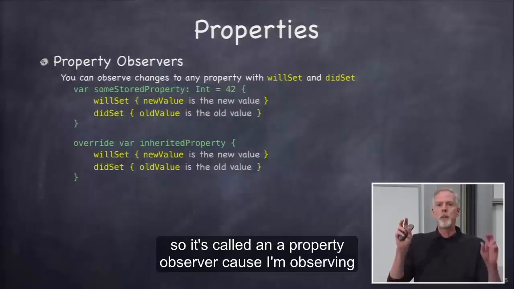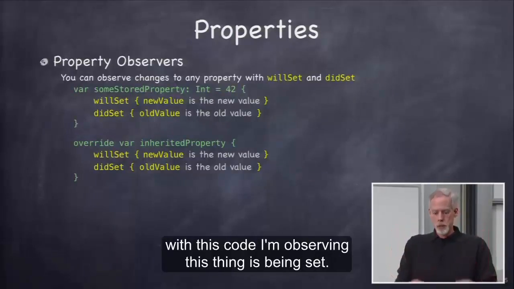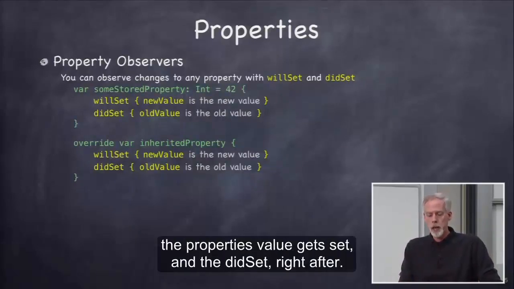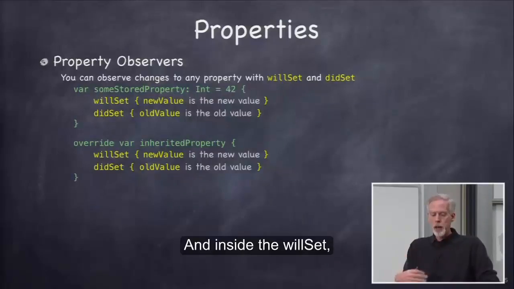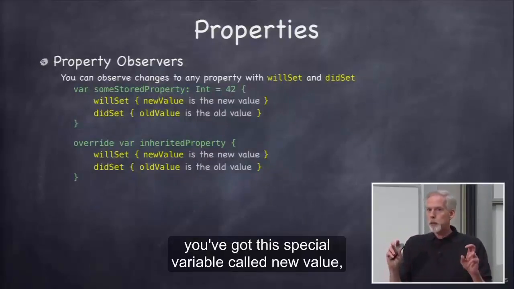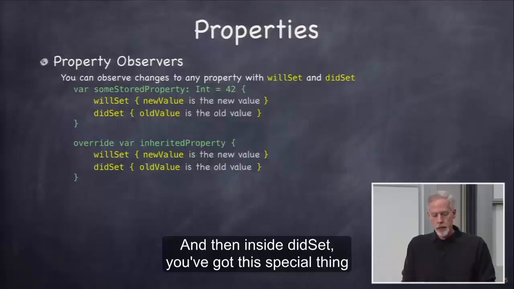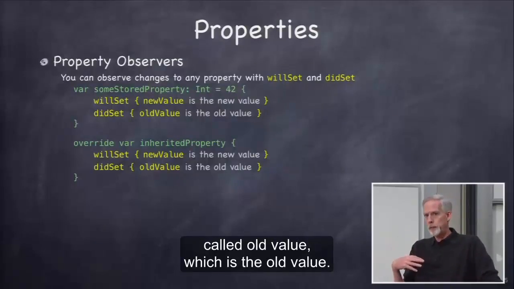It's called a property observer because with this code I'm observing that this thing is being set. The willSet is called right before the property's value gets set, and the didSet right after. Inside willSet, you've got this special variable called newValue, which is the new value that's going to be set. And inside didSet, you've got oldValue, which is the old value.